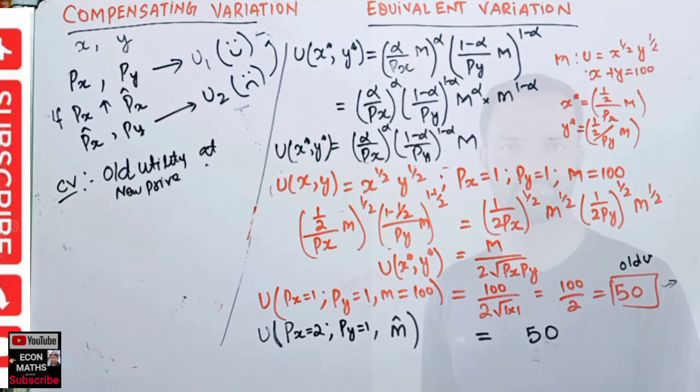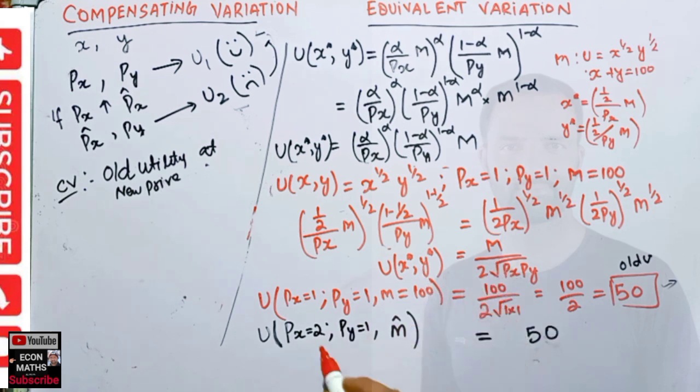Let me solve it here if I have the space. So what will be the utility level when price of x is 2, price of y is 1, and income of the consumer? We need to see how much income we need to give to the consumer. For that we just need to put this in this very function.